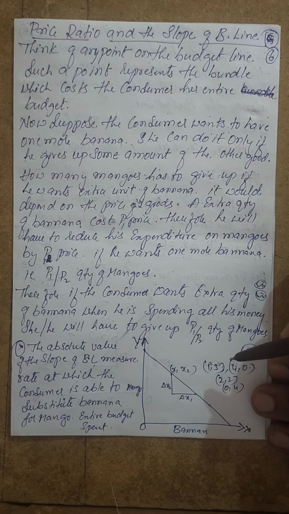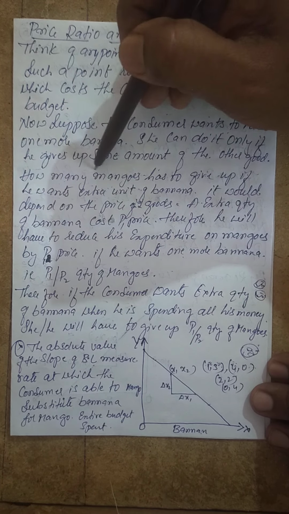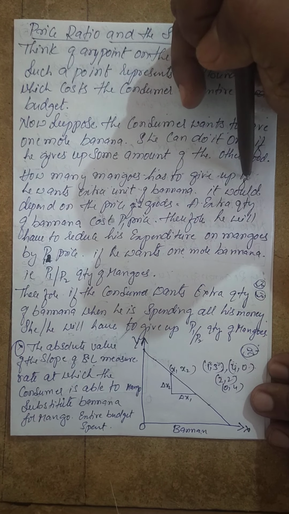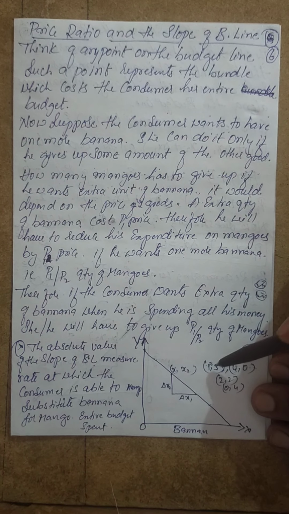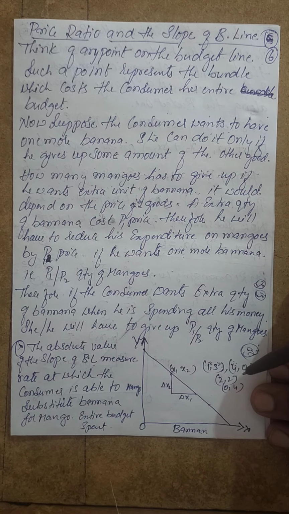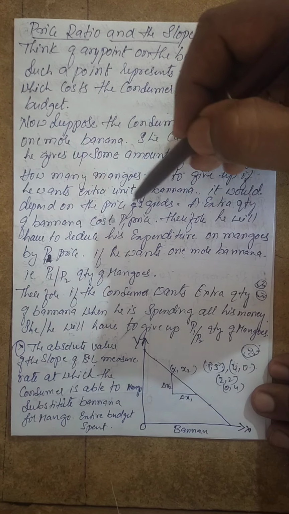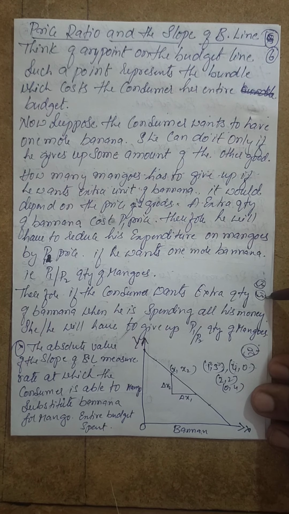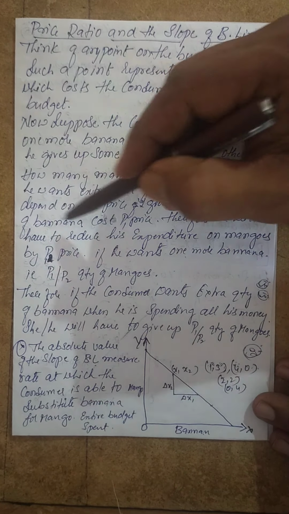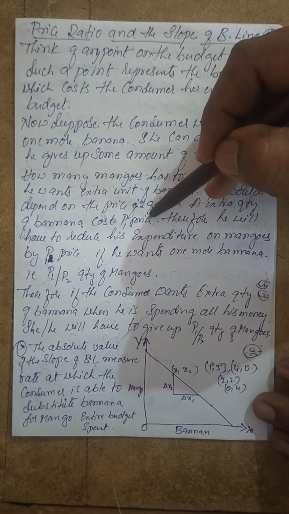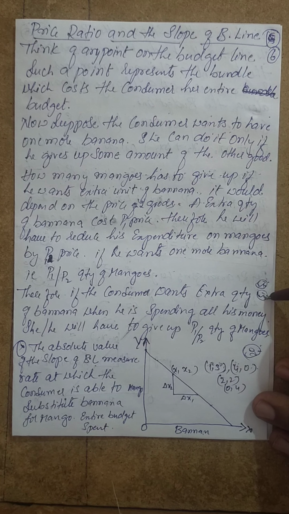So that is what they say very clearly, how many mangoes has to be given up if he wants an extra unit of banana. So he is having an extra unit of banana, how much does he have to do? It would depend on the price of the two goods. As I said, these are the prices of two goods. An extra quantity of banana costs P1 price. Yes, P1 price, because he wants an extra quantity of banana. So P1 price is 5.